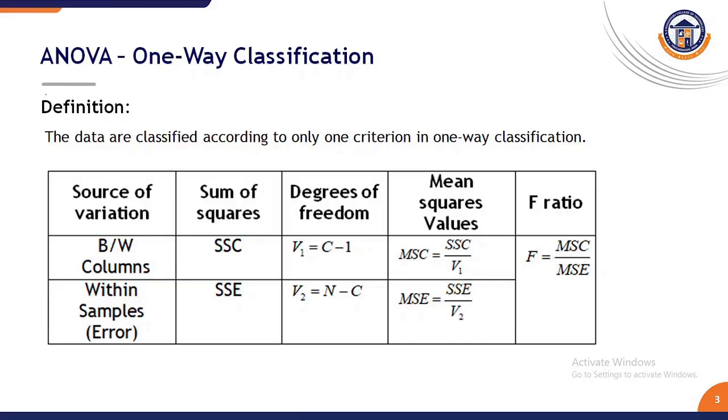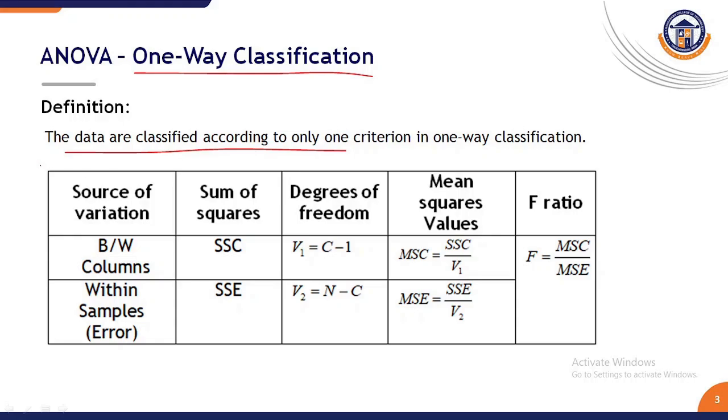One-way classification. In one-way classification, the sample values are classified according to only one criterion. That is, in this case, a single factor is considered for the evaluation. For example, comparing scores of students from four different subjects.